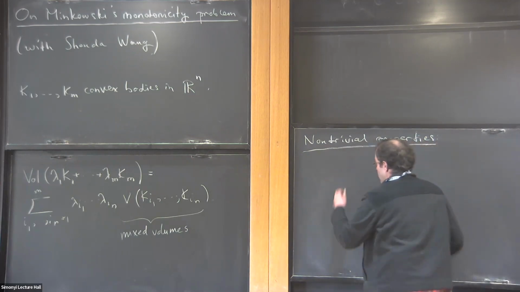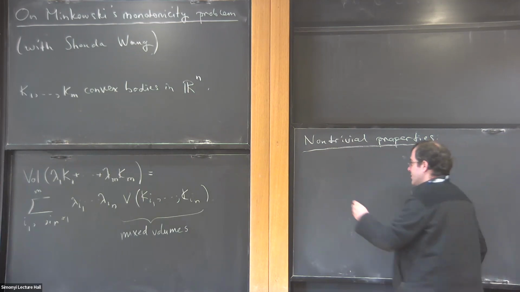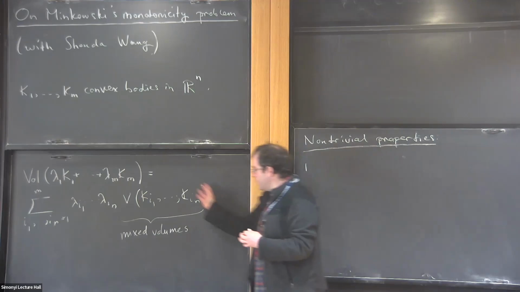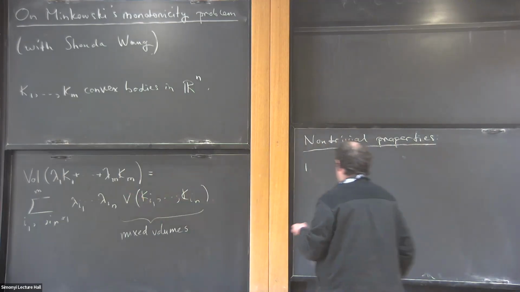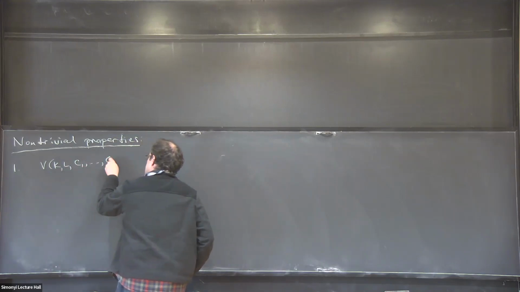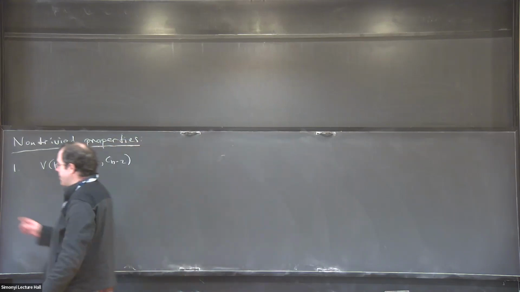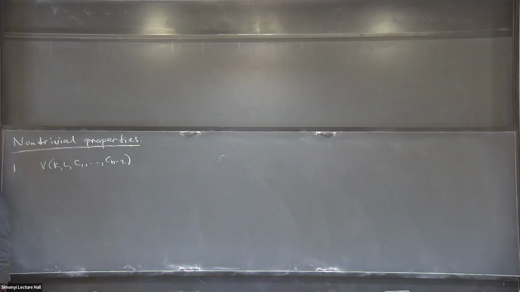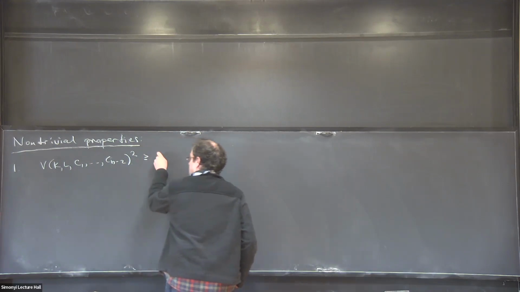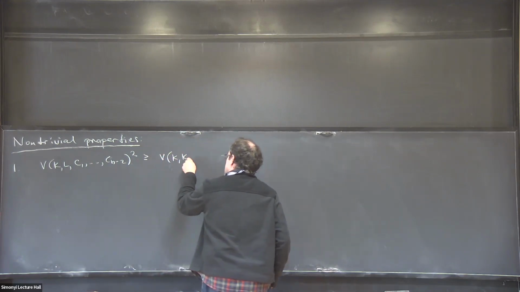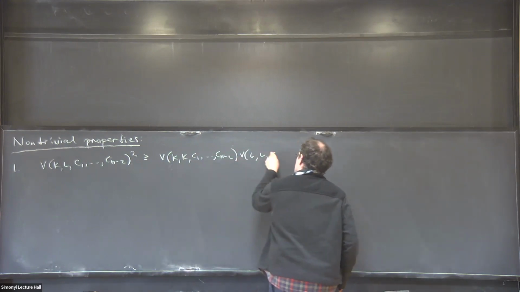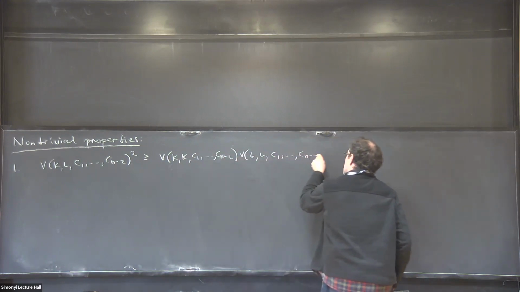I'm going to give an example in a moment, but what are the non-trivial properties? The most non-trivial property of these coefficients is that they're log-concave in the following sense. The mixed volume of K, L, C1 to C_{n-2}. A mixed volume in dimension n is a functional of n convex bodies in R^n, and they satisfy this log-concavity property.